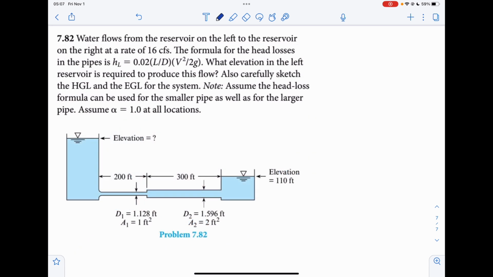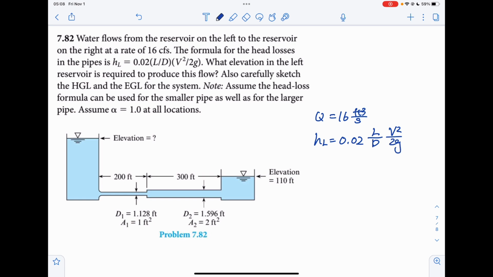So now let's look at the last problem, 7.82. We have water flowing from one reservoir to another reservoir. The discharge Q equals 16 cubic feet per second. The head loss term is 0.02 L over D times V squared over 2g.